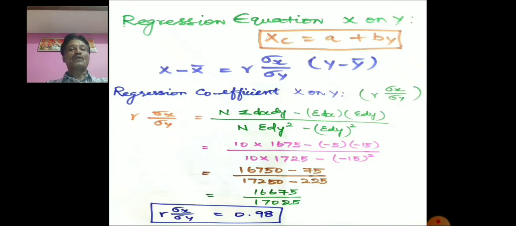So now you have to divide the numerator value by the denominator value, that is 16,675 divided by 17,025, so that is equal to 0.98. So here r sigma x divided by sigma y equal to 0.98. Now we have to substitute 0.98 in the place of r into sigma x by sigma y.